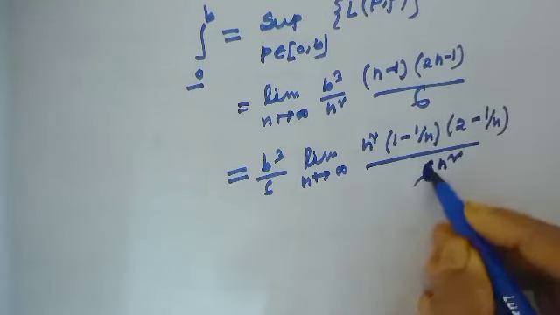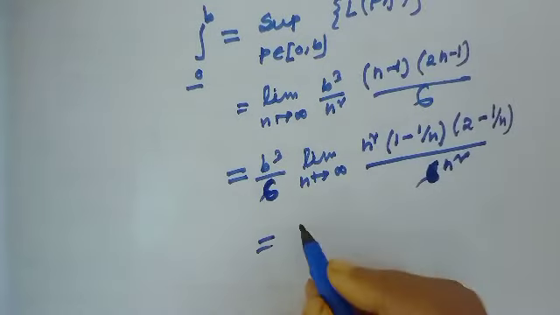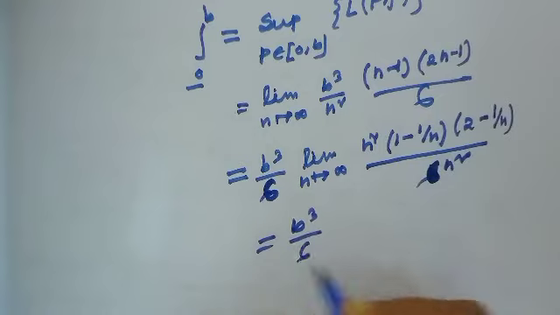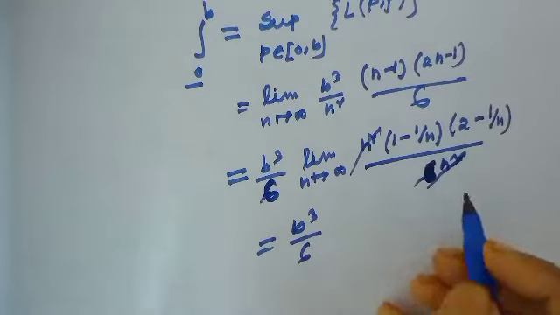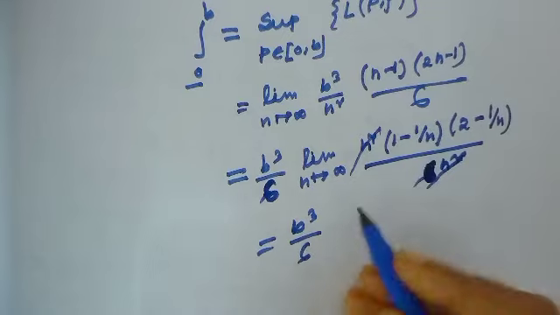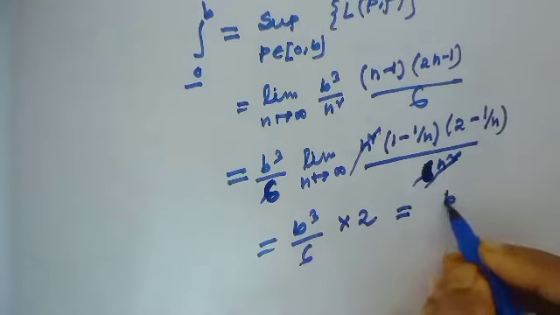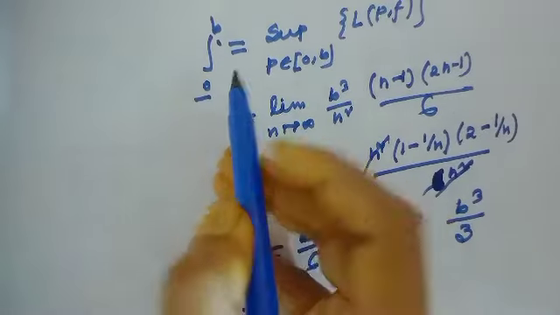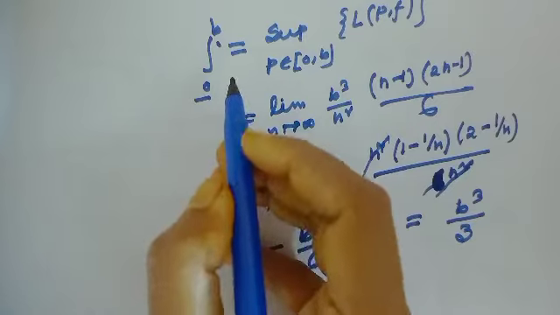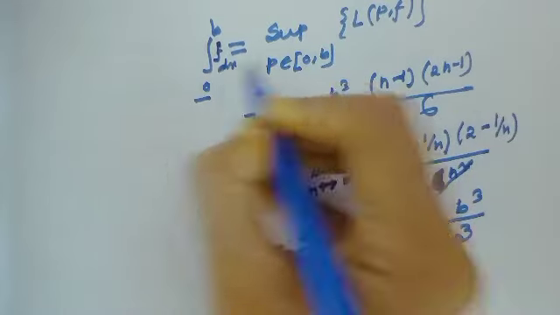Sorry, here I have removed 6. That means this value would be b cube over 6. Cancel n square. Then the value of the limit would be 2. That means actually this value is equal to b cube over 3. Sorry, here I forgot to write the f dx.